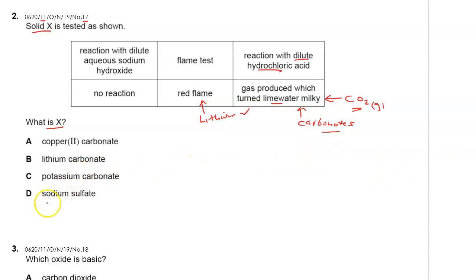Therefore, you look for the multiple choice that has lithium, and that should be B. So basically, lithium carbonate will react with hydrochloric acid, and just get the equation here: lithium carbonate will react with hydrochloric acid, and this will give us lithium chloride.